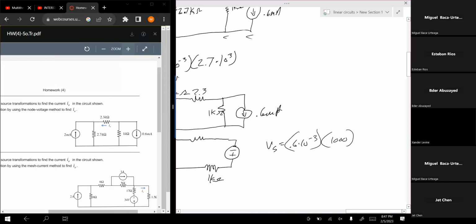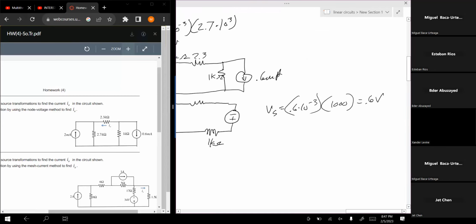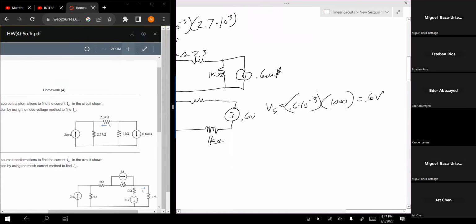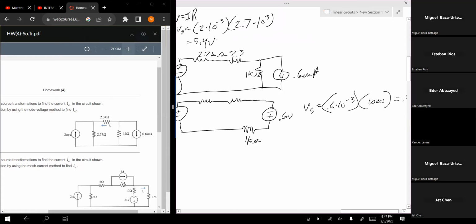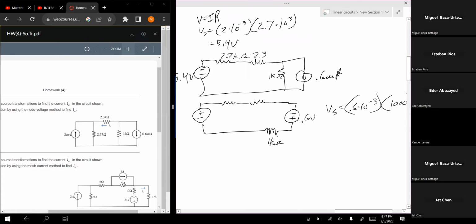If we punch that into a calculator, I'm getting 0.6 volts. So this is a 0.6 volt source. My question is, this resistor is here. Does it change the circuit if I instead put it up here like that?